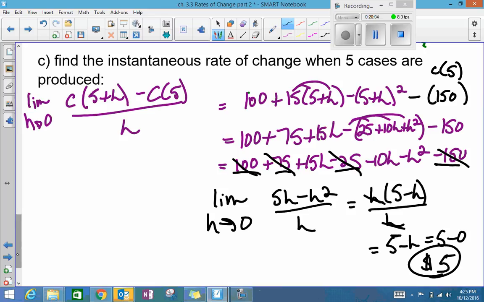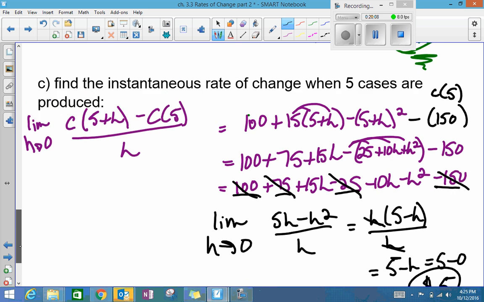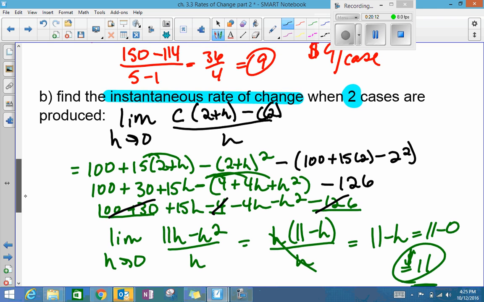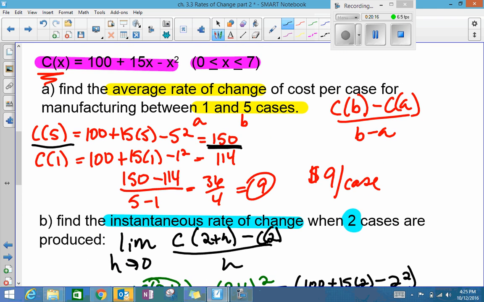So let's talk about that for a second. The instantaneous rate of change at 5 cases is $5. At 2 cases, it's $11. And when you think about cost, again, as items are produced, the cost should go down the more items that are produced, right? So the cost of producing one item should be a greater per item cost than when you're producing like 5 items.